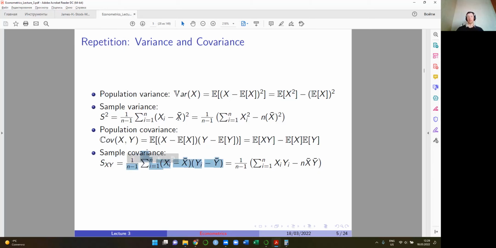So instead of xi minus x bar, you have xi minus x bar, yi minus y bar, sum over all of them, and then divide by n minus 1. And the same idea here. You can represent this formula in the following way, and get the same result. So we will need these for some derivations today.